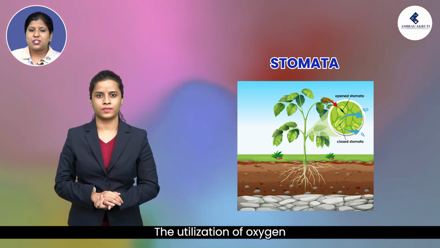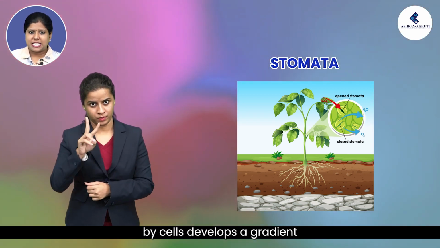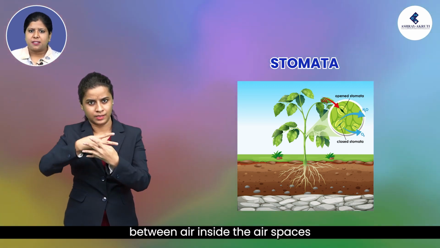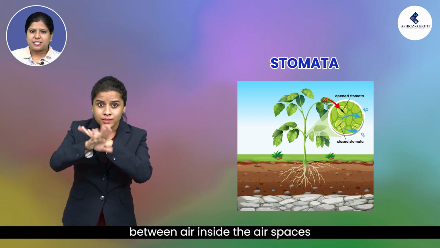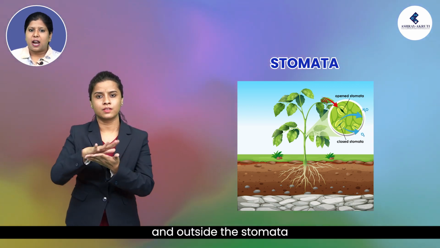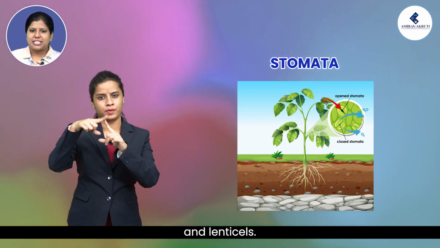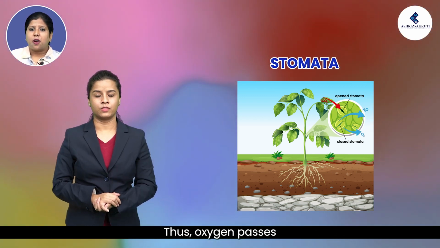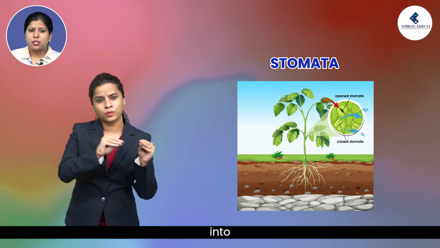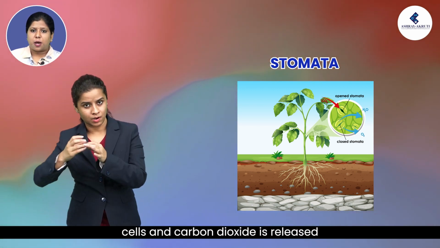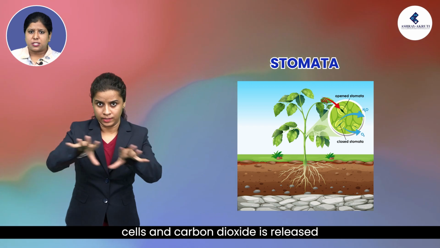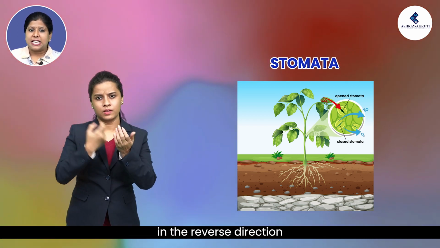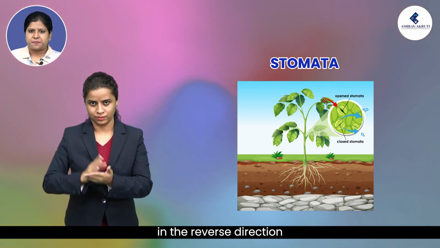The utilization of oxygen by the cells develops a gradient between air inside the air spaces and outside the stomata and lenticels. Thus, oxygen passes into cells and carbon dioxide is released due to the development of a gradient in the reverse direction.